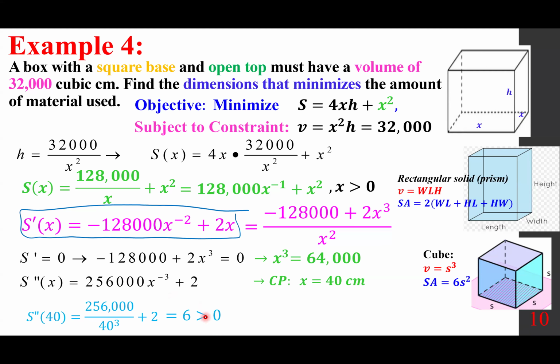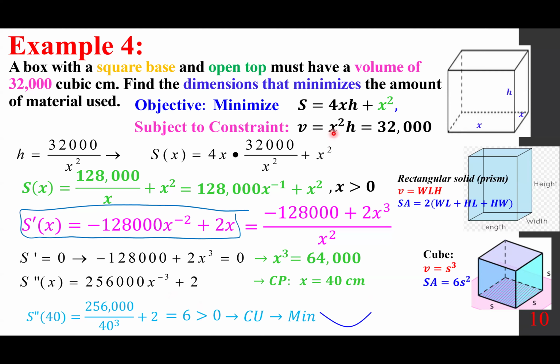Positive means what? Concave up. Concave up means what? Minimum. Why minimum? It looks like this, everybody. So the minimum occurs when x is 40.